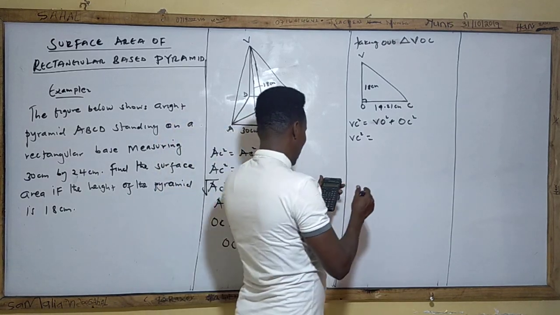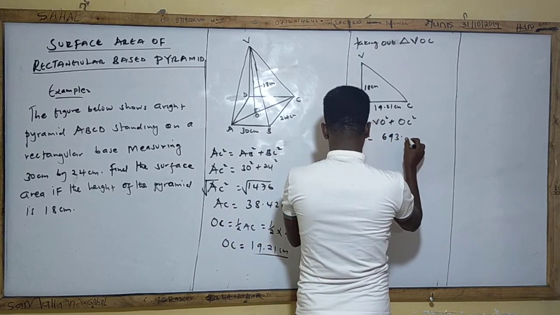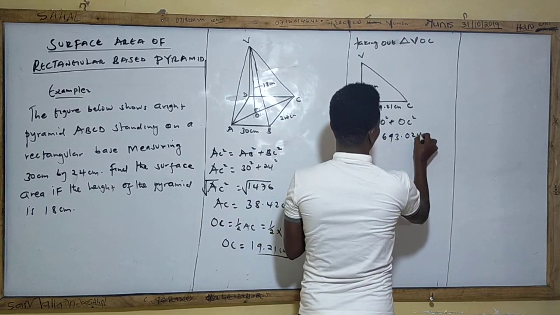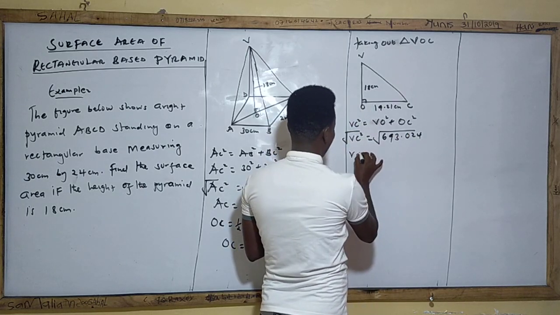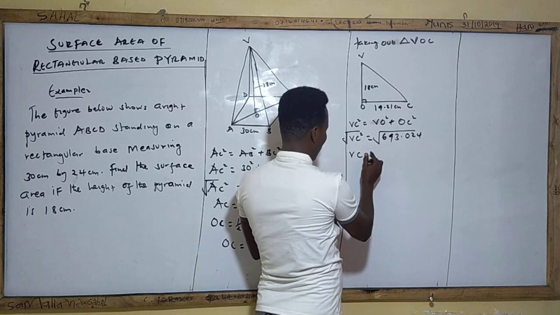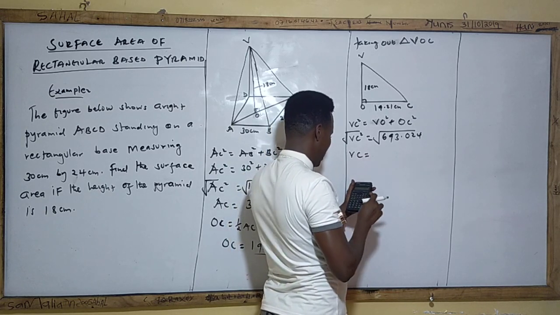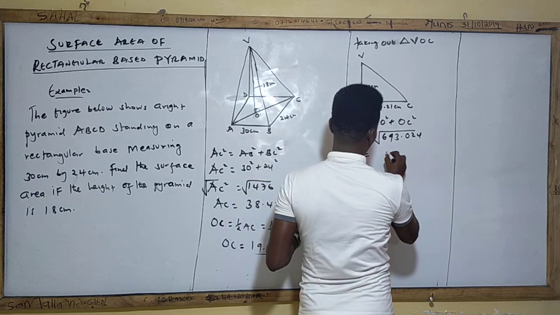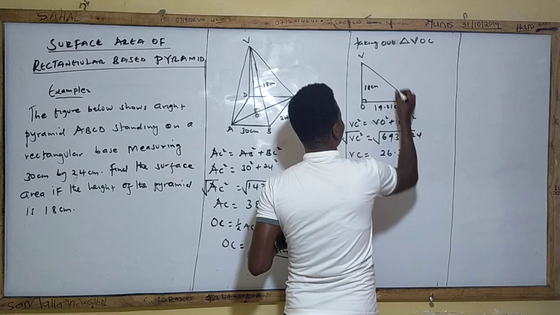It will give me 693.024. Then introduce the root. VC is the square root of that, and we get the answer 26.33. And that is the slant height.